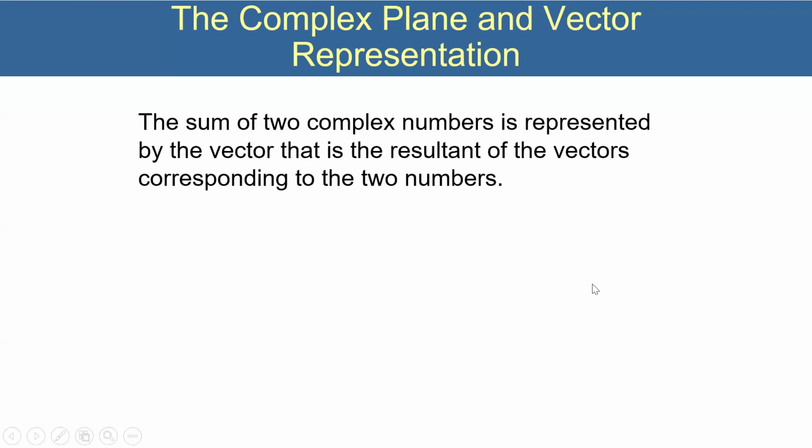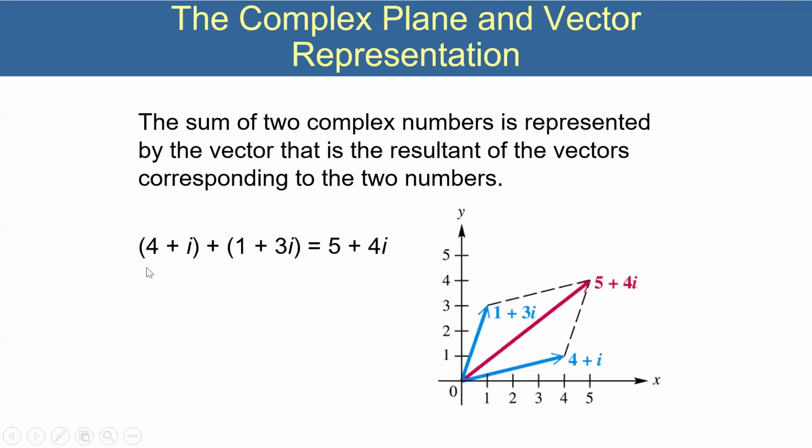Now, the sum of two complex numbers is represented by the vector that is the result of the vectors corresponding to the two numbers. When you're adding the two numbers, you add your reals and your imaginaries, and that creates the sum of the two vectors. I means imaginary.